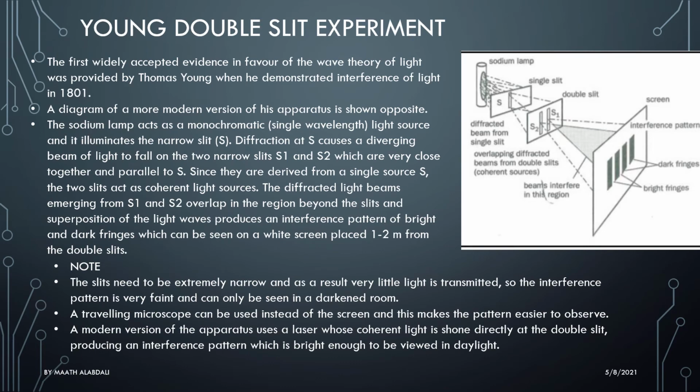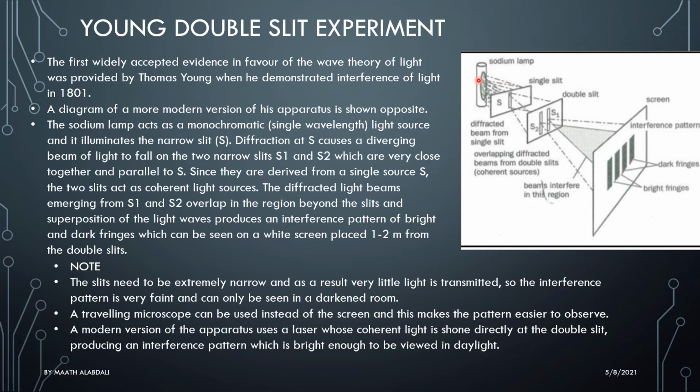So this is the Young double slit experiment. Thomas Young demonstrated the interference of light in 1801, and the diagram for a more modern version of his apparatus is shown opposite. Basically, this is a sodium lamp.